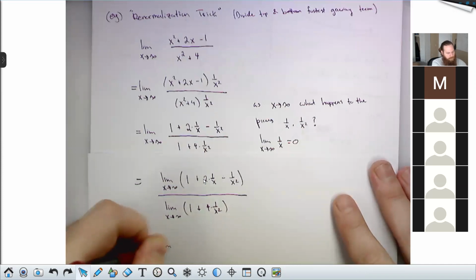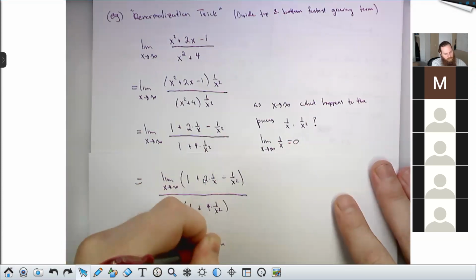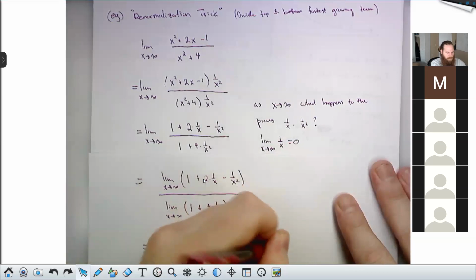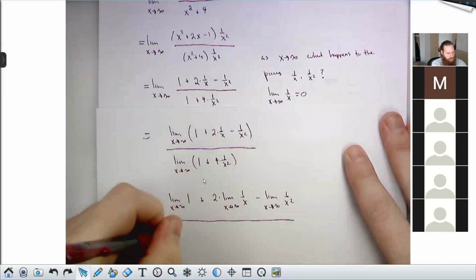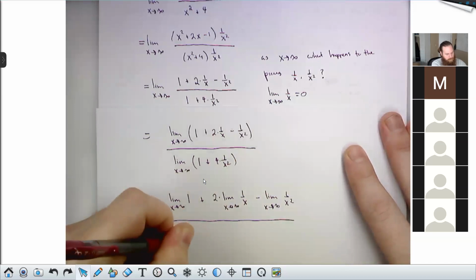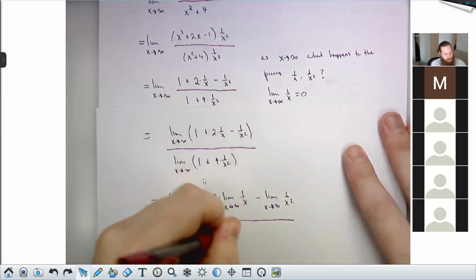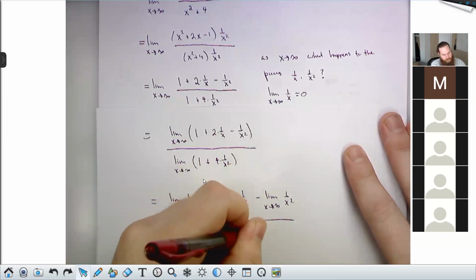So I'd have the limit of 1 plus 2 times the limit of 1 over x minus the limit of 1 over x squared, all divided by the limit of 1 plus 4 times the limit of 1 over x squared, all as x goes to infinity.